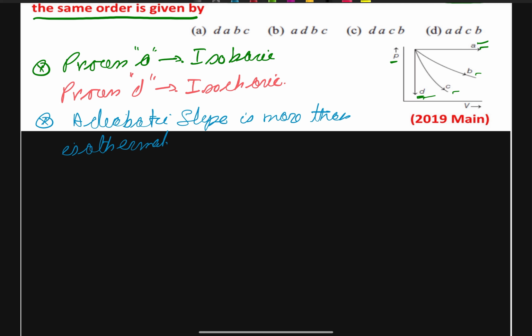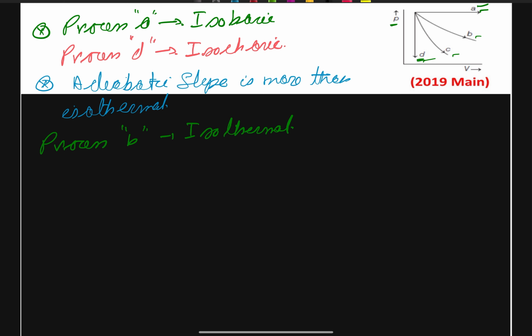You can say process B is our isothermal and process C is our adiabatic.